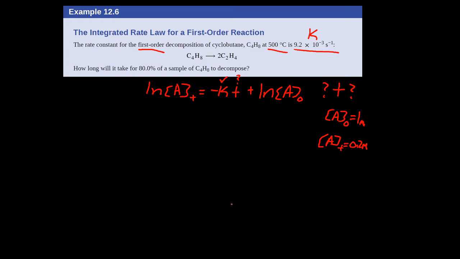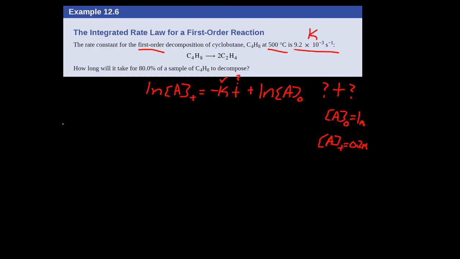Hopefully that makes sense. Again, we're saying that 80% of it decomposes, so if we start with 1, that means we have 0.2 left. You could do this with any numbers you want, as long as one was 20% of what the other one was to start with, so as long as you've lost 80%. But 1 and 0.2 are just easy numbers to work with. So we have everything we need.